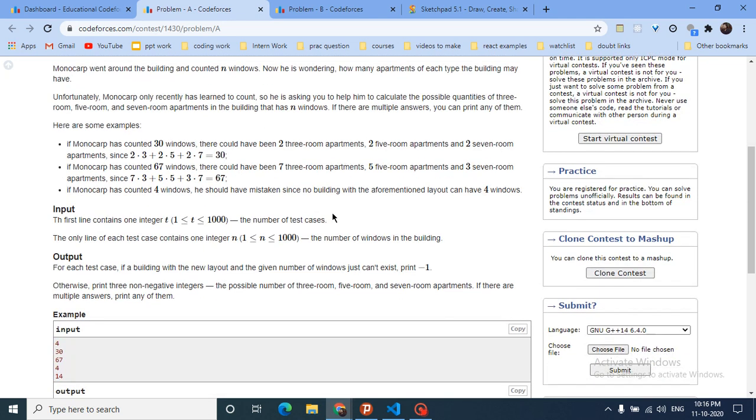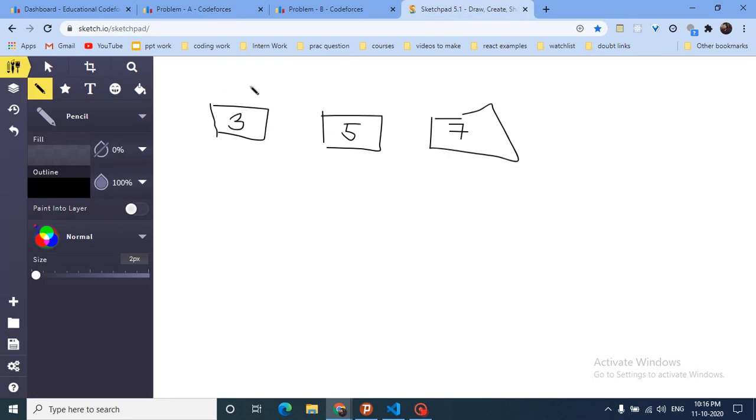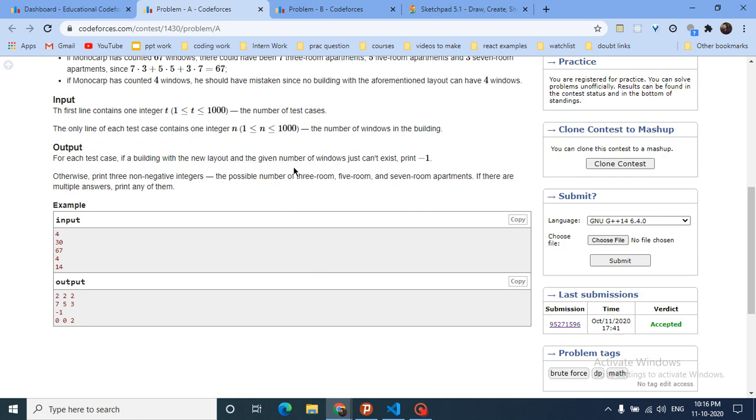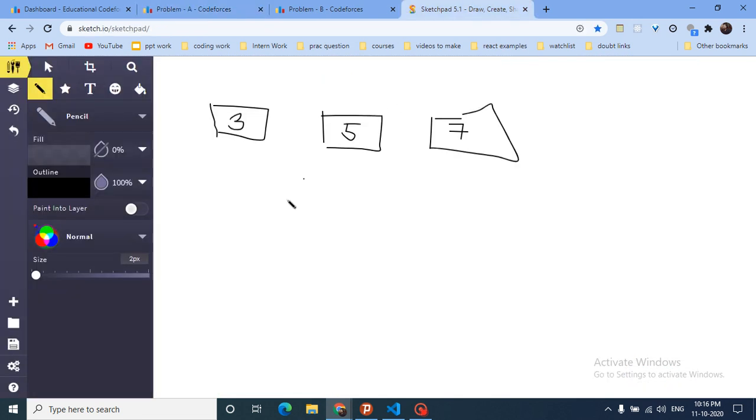Now because the constraint is up to 1,000, what you can easily do here is this: the total number of windows n can be up to 1,000. Let's assume that all the flats are of the 7-window type.